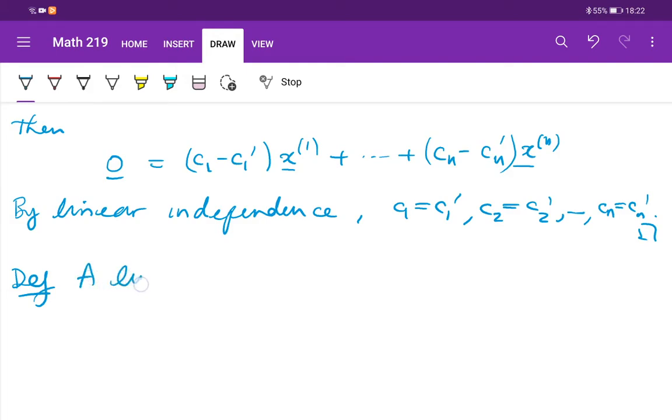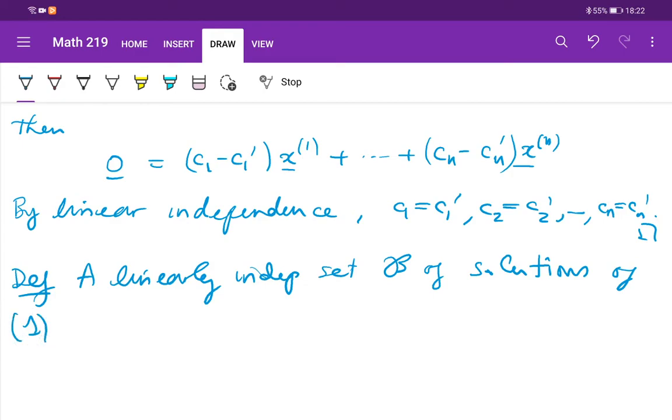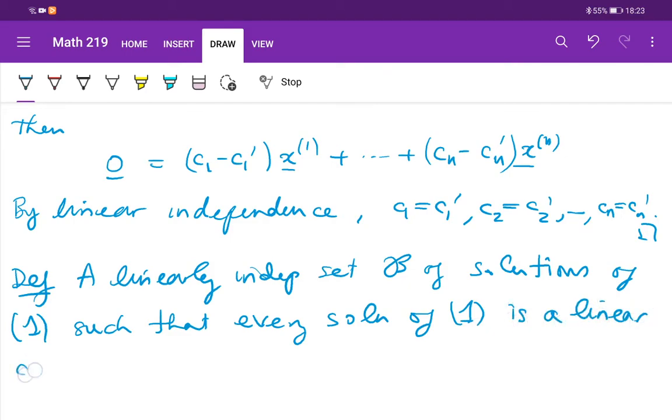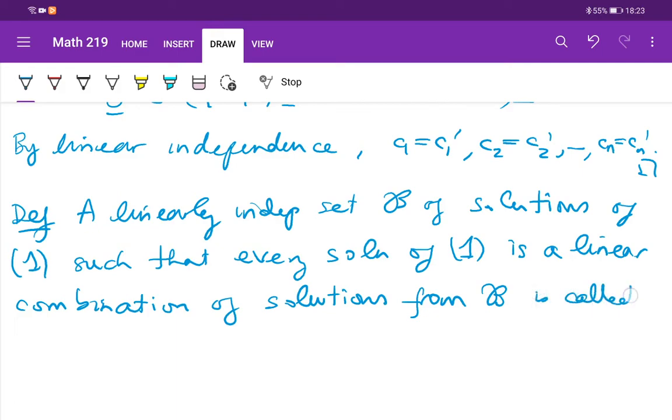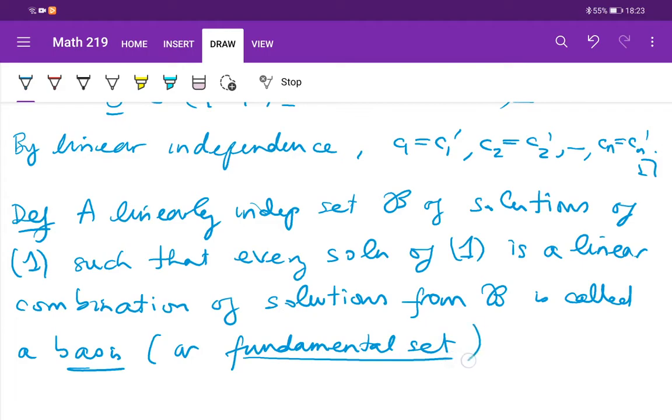So a linearly independent set, let's call this B, of solutions of our equation 1, such that every solution of 1 is a linear combination of solutions from B. We call this a basis, or a fundamental set, of the space of solutions.